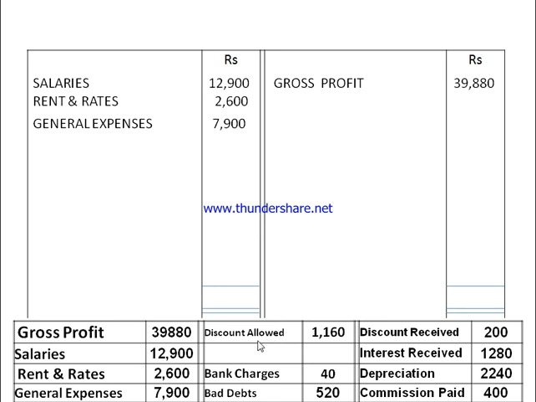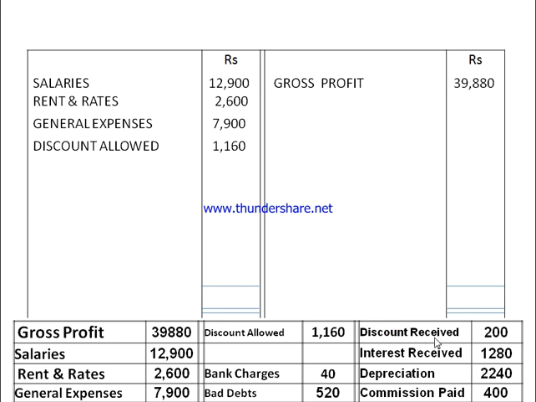Discount allowed is another expense, so this will also be recorded on the expense side or on the debit side. So discount allowed 1,160.